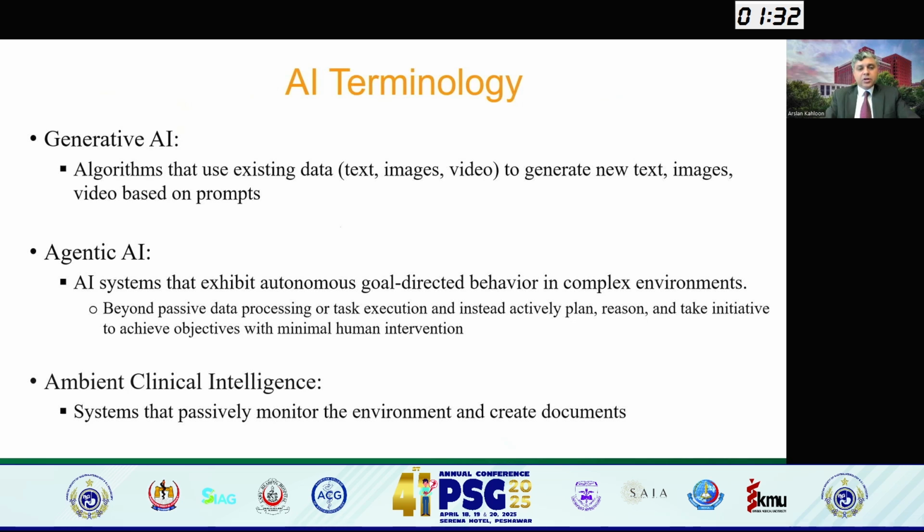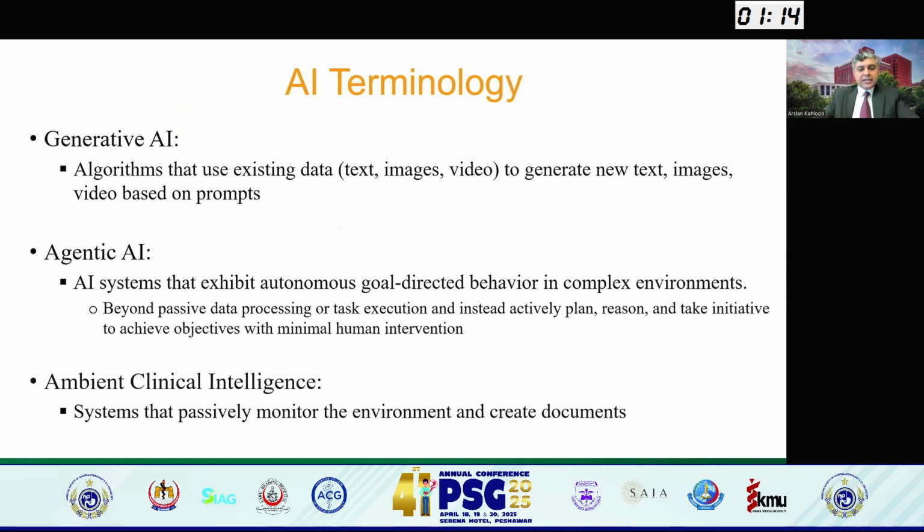And so it has moved on beyond passive data processing or task execution to actively planning, reasoning, and taking initiative by executing certain things to achieve objectives with very little human interaction. So some of these things are really going to make an impact in the coming years.